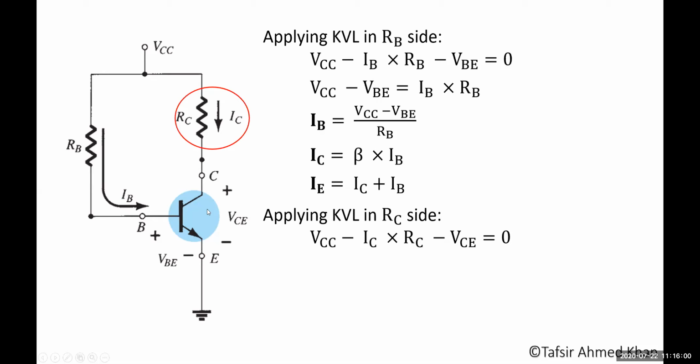VCE is this whole drop, equal to 0, because after this drop you have ground. So the unknown thing is VCE. Take VCE to the other side: VCC minus IC into RC equals VCE.